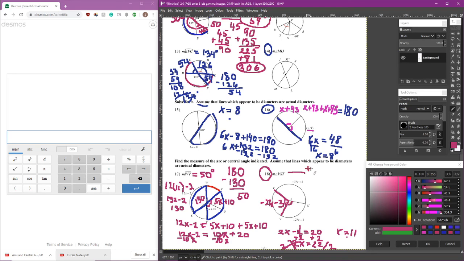Add it to the next arc, which is negative 37x plus 2. Add it to the next arc, which is negative 27x plus 3, and set it all equal to 360.